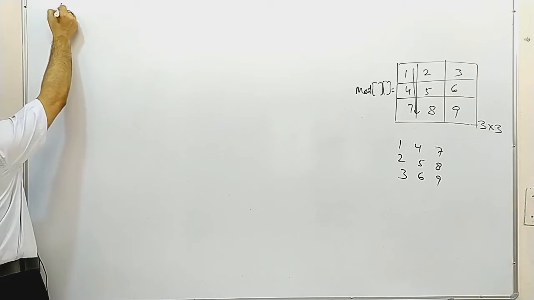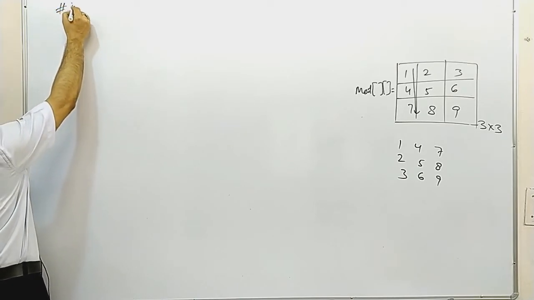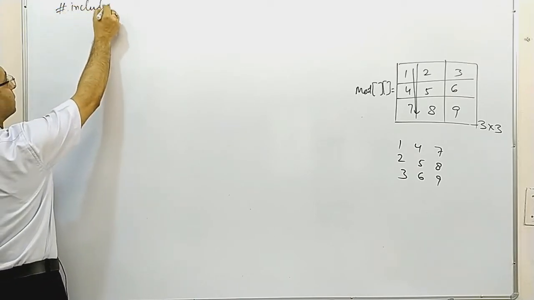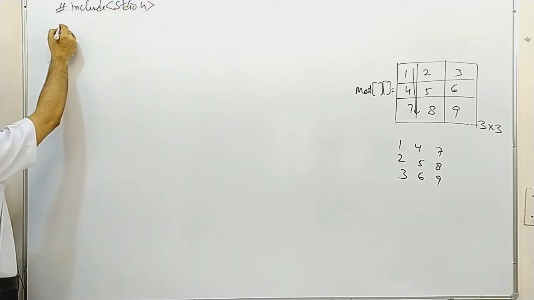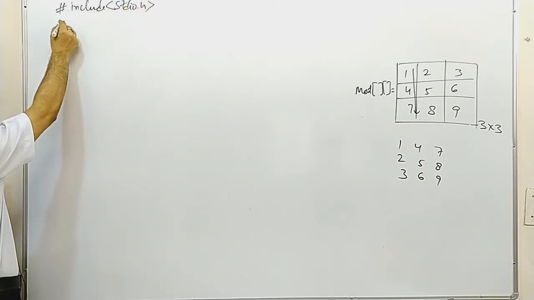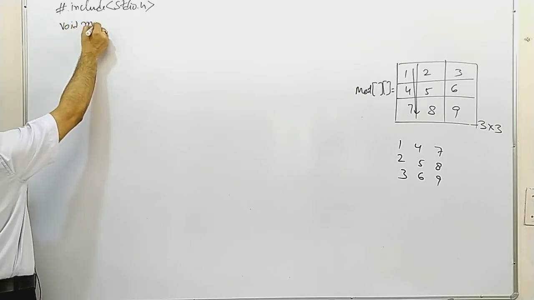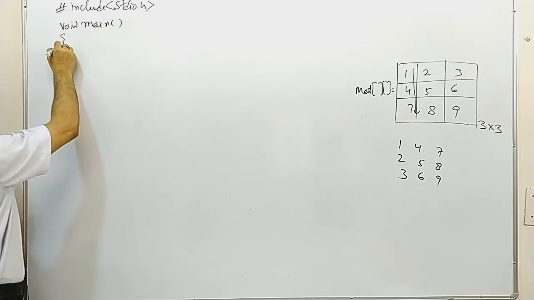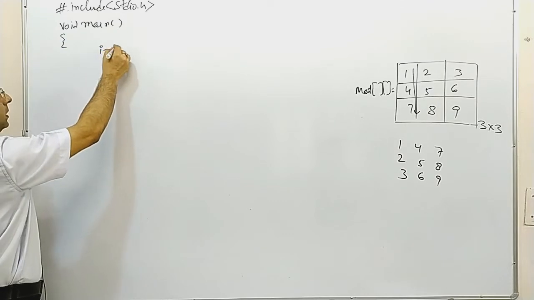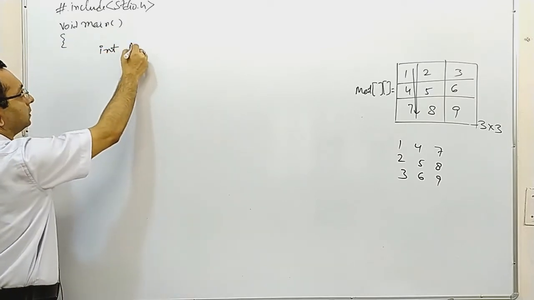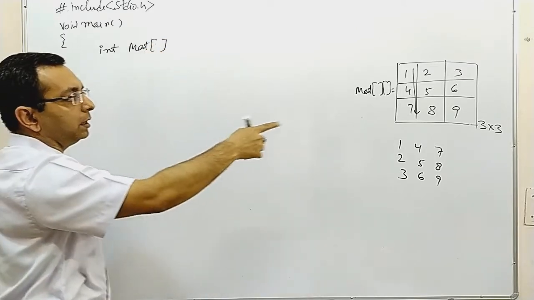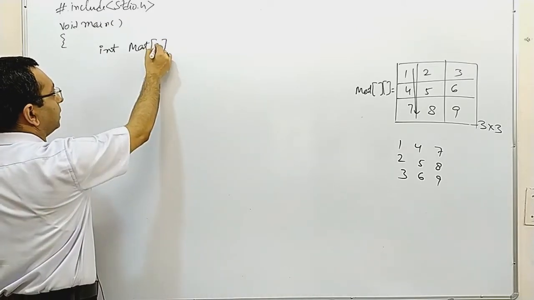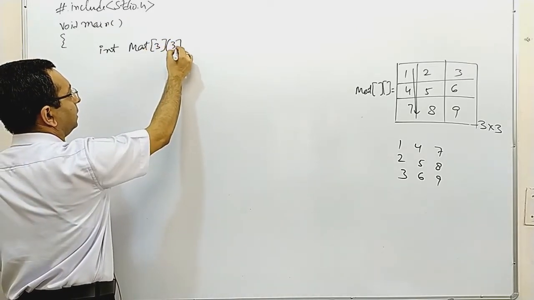For this we have to take the header file stdio.h, and we start the main function as void main. We declare some integer variables, like the matrix, because we have order 3 by 3, so we write 3 by 3 here.